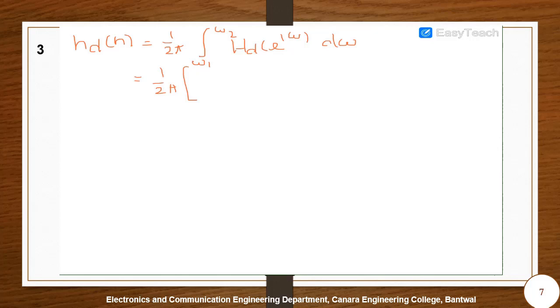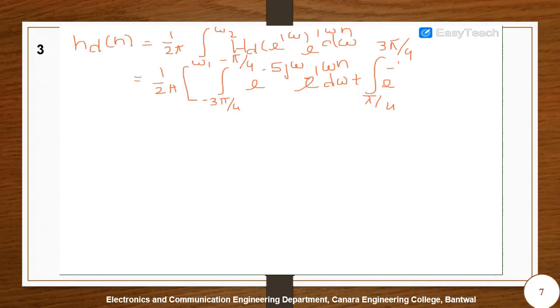It varies from minus 3 pi by 4 to minus pi by 4 of e to the power 5j omega times e to the power j omega n d omega plus, it is pi by 4 to 3 pi by 4 of e to the power minus 5j omega e to the power j omega n d omega.